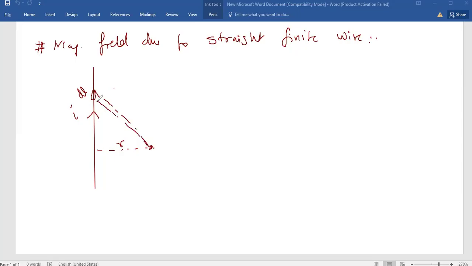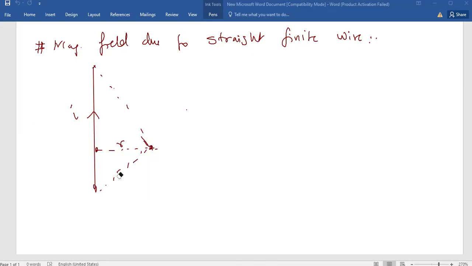We will find out the magnetic field due to this small current element and then integrate from this point to this point, given other parameters like the distance of this end point from this particular point. So this is quite deeper. We will not look into that right now. The formula that you will get is extremely important because that can be manipulated in many ways.